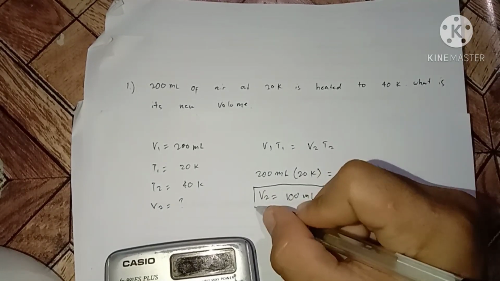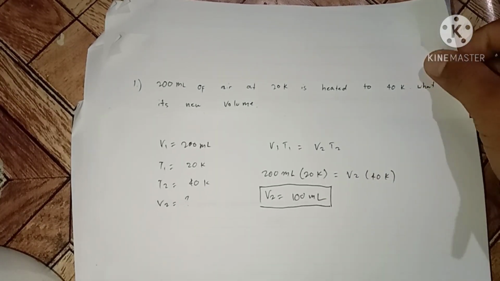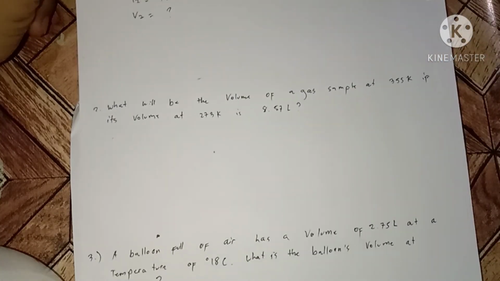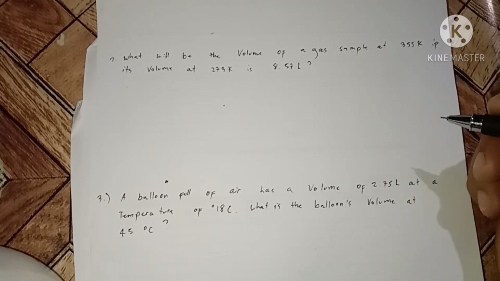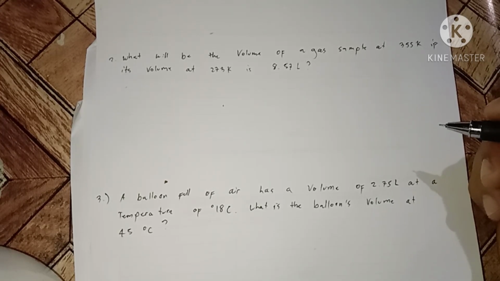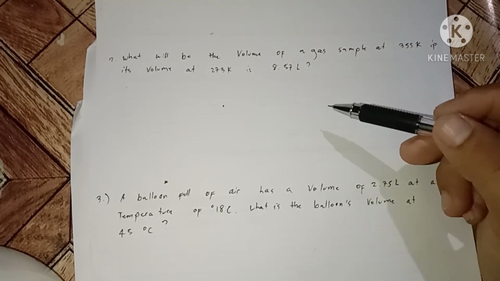Final answer. So let's proceed to problem number 2. What will be the volume of a gas sample at 355 Kelvin if its volume at 273 K is 8.57 liters?